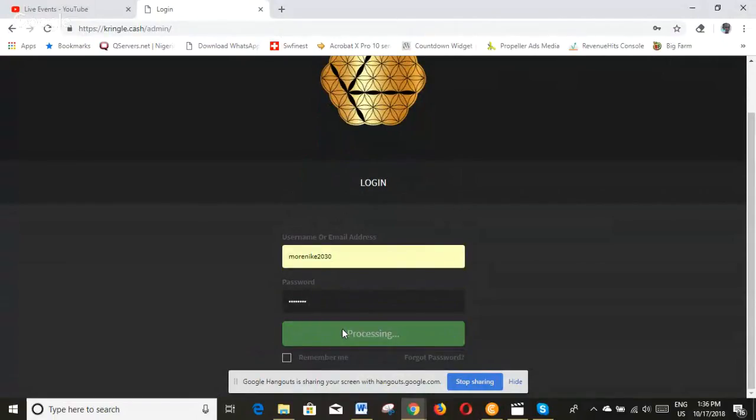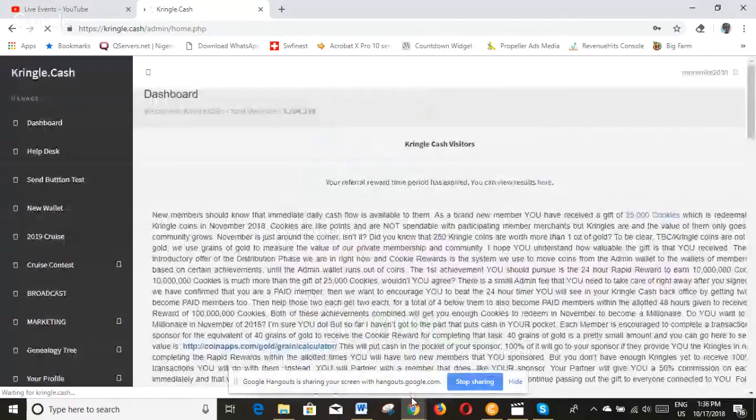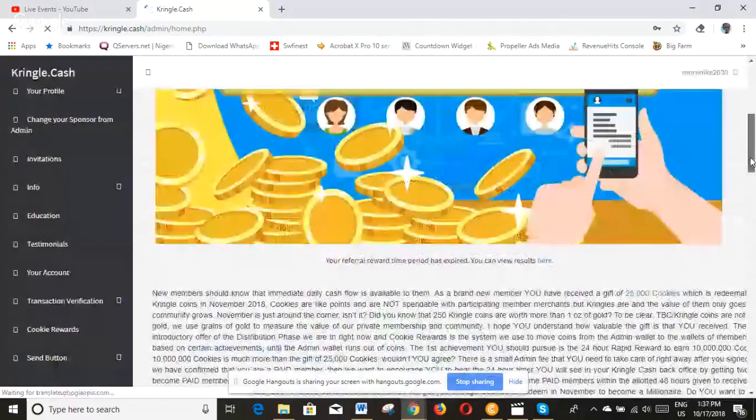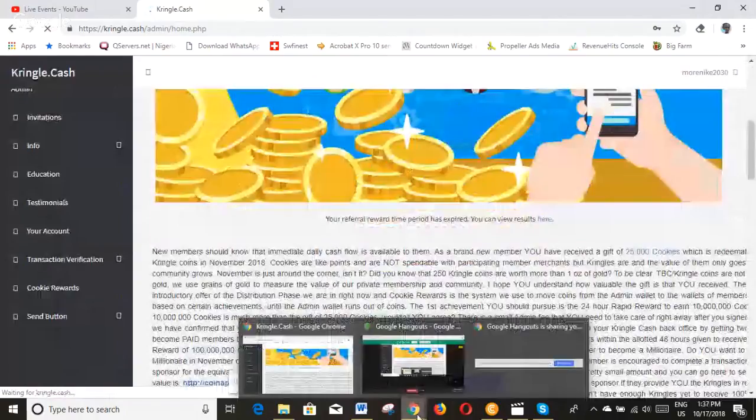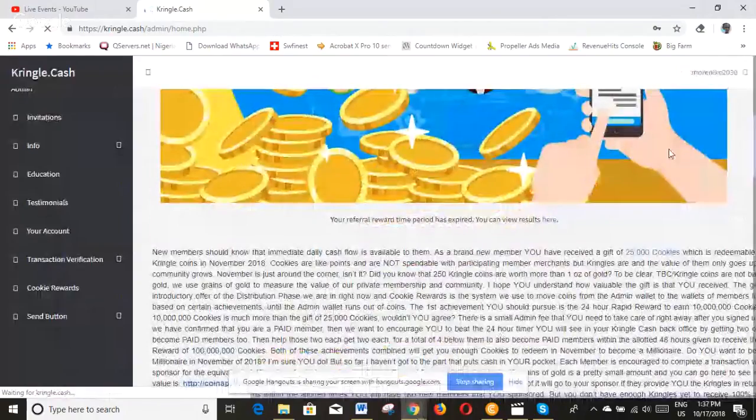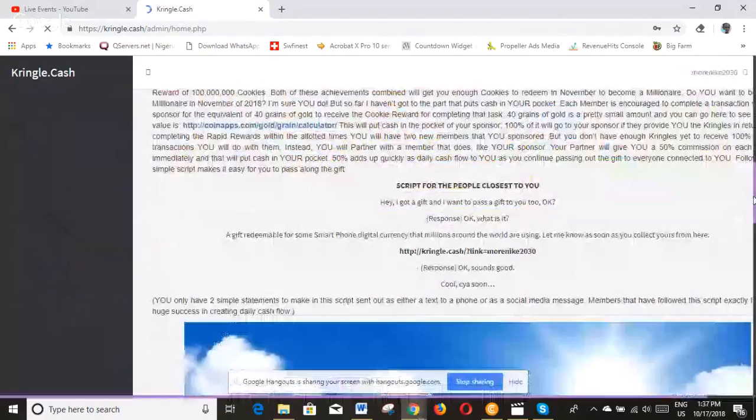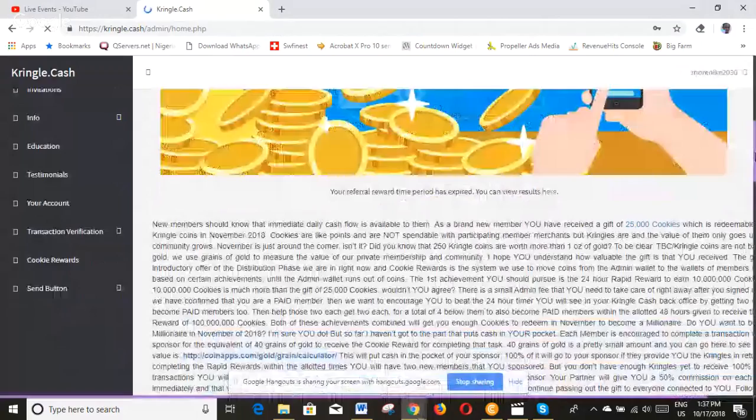We'll log in. This is an account, as you can see, a fresh account that has not registered on car center. Once you finish logging in, it's still loading, so we allow it to load.